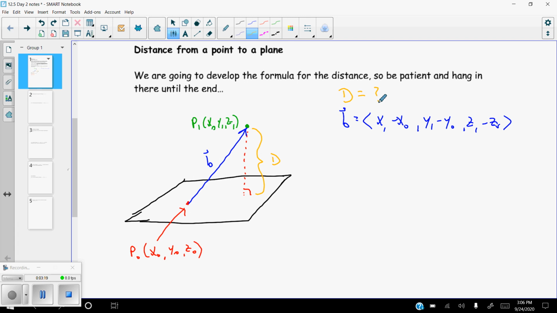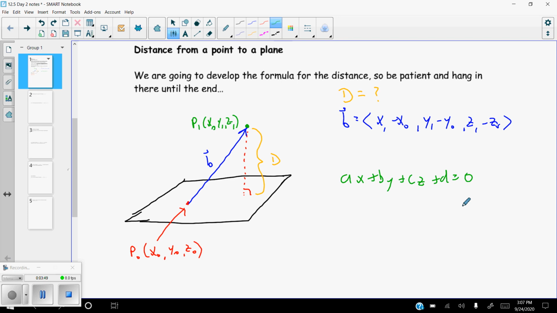I know that the equation of a plane in general is Ax plus By plus Cz plus D equals 0, or if you wanted to move the D to the other side, you could, depending on how you write it. But that's the general form of a plane.